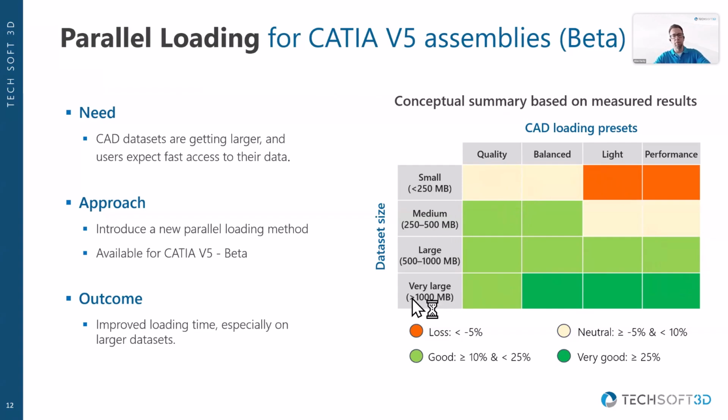So it's more beneficial for these large assemblies. As you see here with the medium file size, it starts to appear more consistent, especially with quality and balance. And it just gets much stronger improvements with the very large. You see the dark green, very good percentage-wise. The loading time improves quite well.